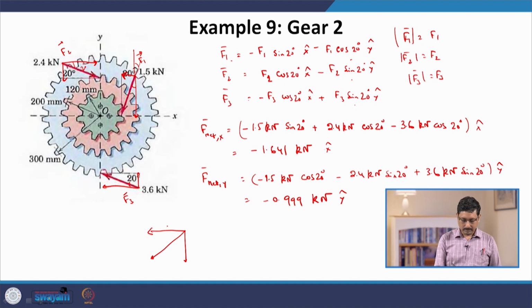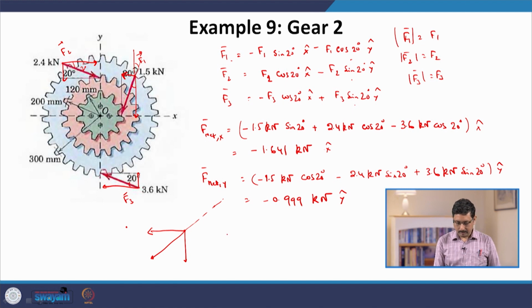Now, the question is, this is my pivot point. Where should I apply the force to generate the same amount of torque or total moment? So, suppose our point of application of the force is this point.